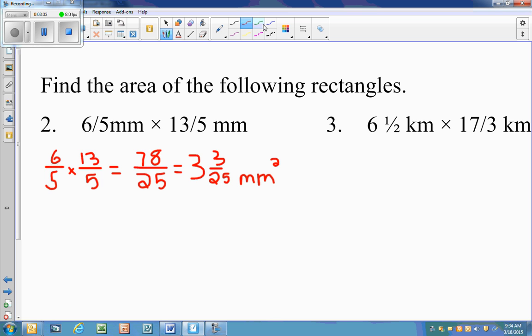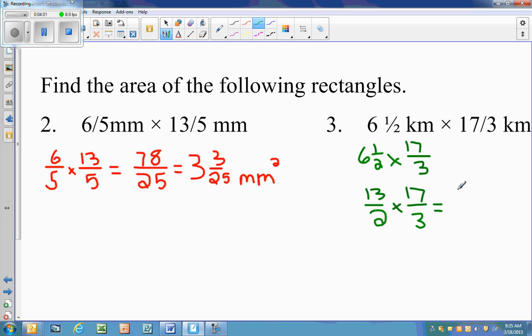Next over here, we have 6.5 times 17/3. That's how I do length times width. I'm going to turn it into improper fractions in this case, so we have 13/2 times 17/3. If I need help doing the 13 times 17, I go on the side and I do 13 times 17, and I don't erase my work.